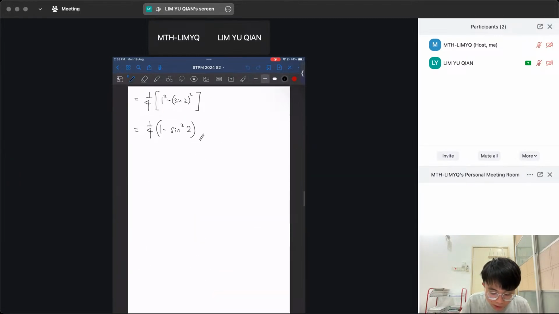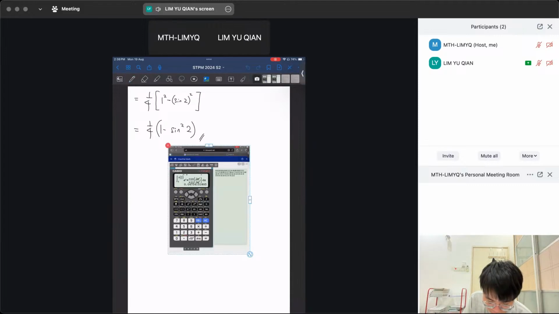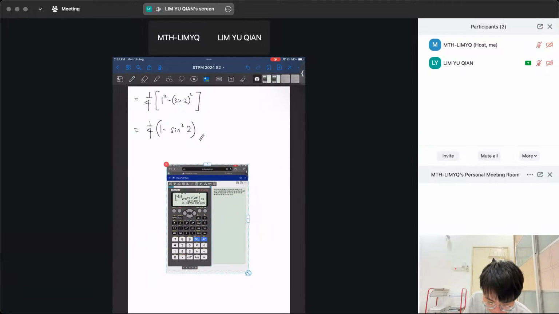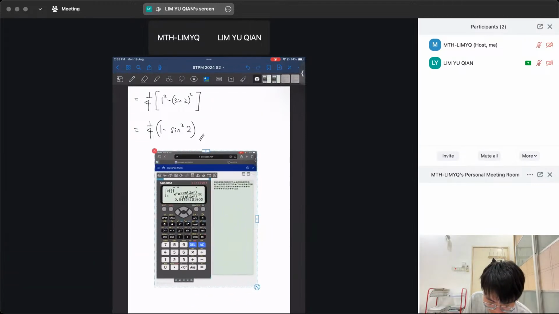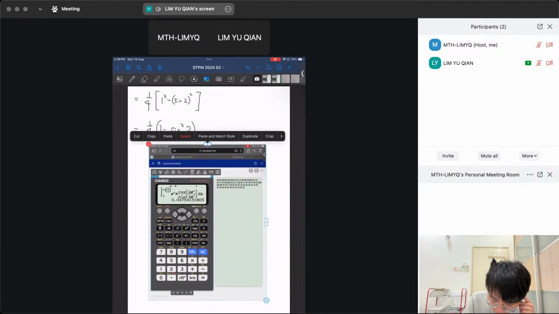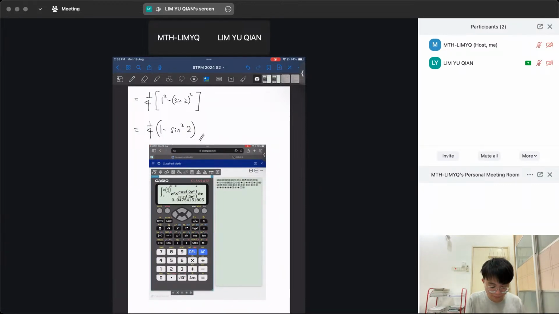Let's check whether it is correct or not. Somehow it's lagging. Never mind. Let's check: 1 minus sine 2 square, divided by 4.